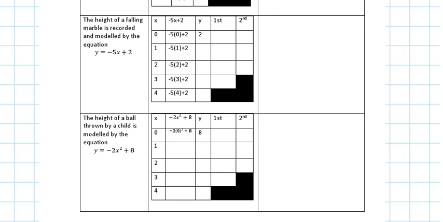So the first thing we talked about is quadratics have a degree of 2, power of 2, that's the highest degree. Now, we're also going to talk about what it looks like. We're going to look at the difference between linear and quadratic, and how, by looking at the equation, the table, or the graph, we can differentiate between linear functions and quadratic functions.